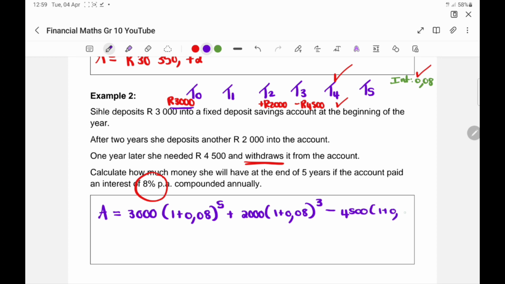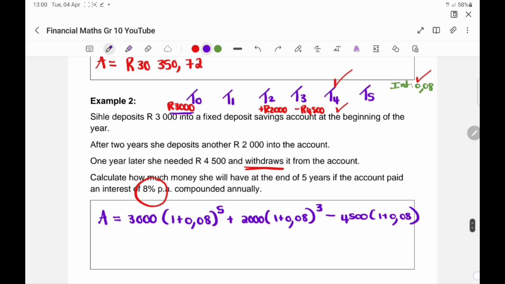And not only do you withdraw just the 4,500, you withdraw the interest that you would have accumulated on that 4,500 for how many years? 1, 2 bunny hops. And if you put that into your calculator, you will get that you only have left 1,678.61 Rand. Okay.